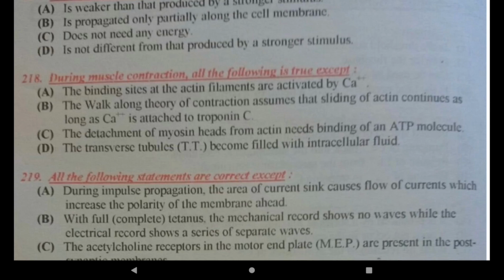B. The walk-along theory of contraction assumes that the sliding of actin continues as long as calcium is still attached to the troponin. C. The detachment of myosin heads from the actin needs binding of an ATP molecule. D. Transverse tubules become filled with intracellular fluid.